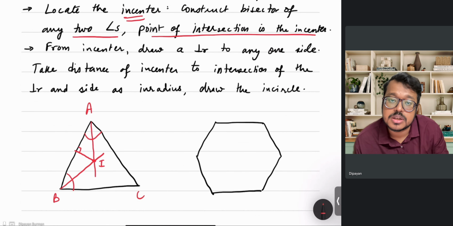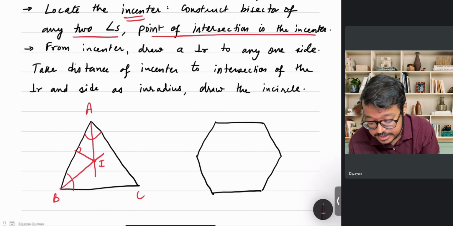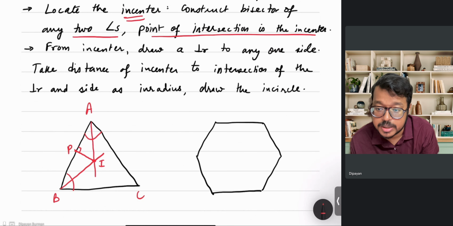Again, that construction using a compass, we can have a look when we are solving a question. Now, let's say this is point P. So IP is the perpendicular from point I to the side AB. So IP will be the radius, the in radius.